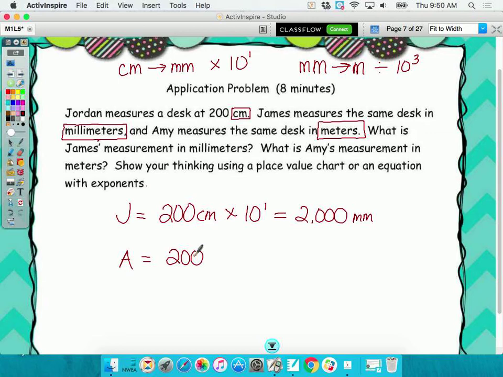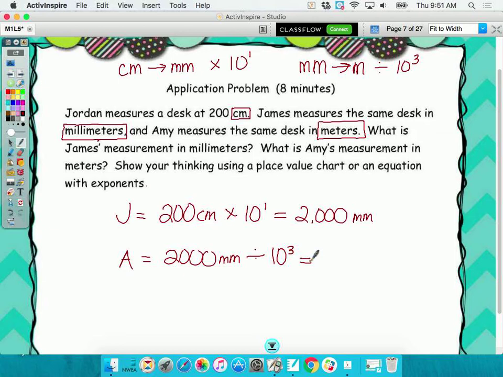No, wait a minute. It's 2000 when you start before dividing the numbers. 2,000 millimeters divided by 10 to the third power.